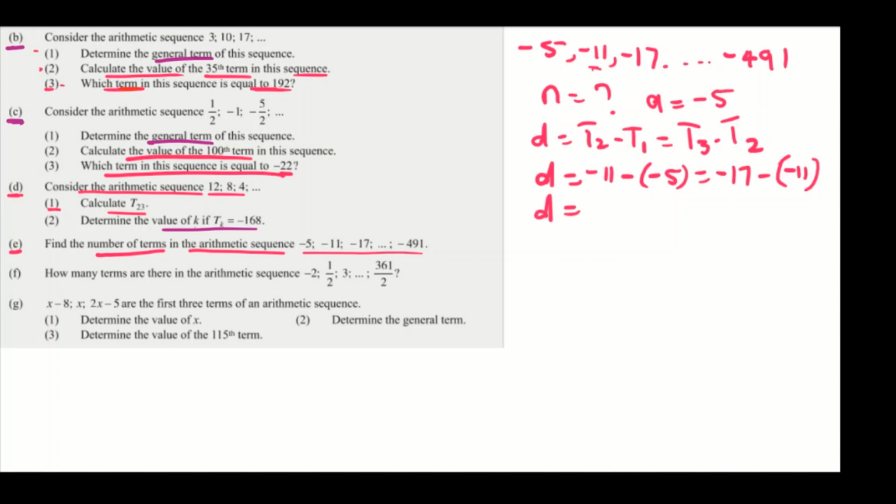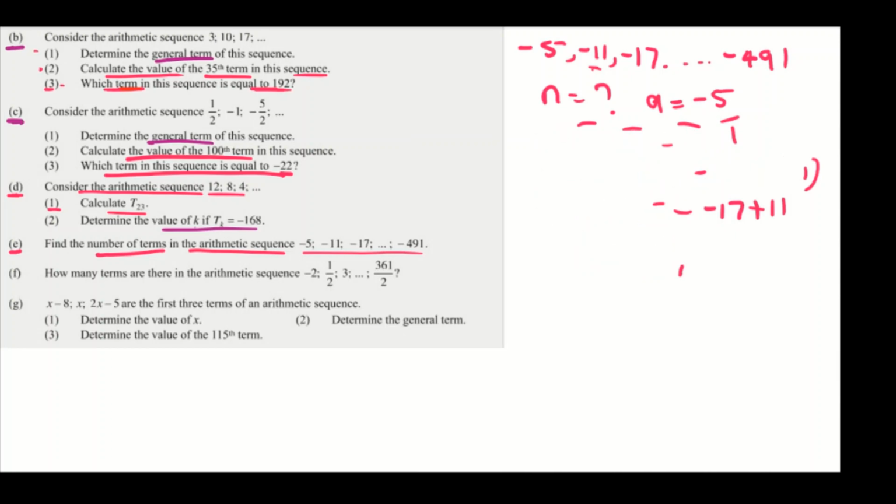So d is equal to minus 11 plus 5, because minus multiplied by minus is positive, equal to minus 17 plus 11, right? So our d value for this problem is going to be minus 6, right? Remember, I want to find n.